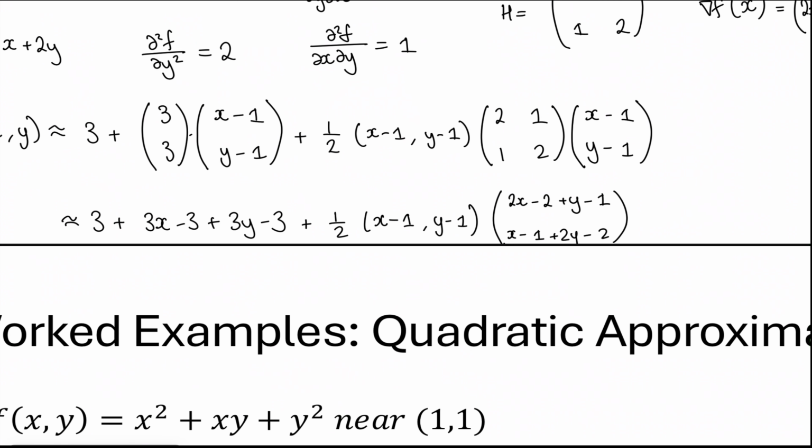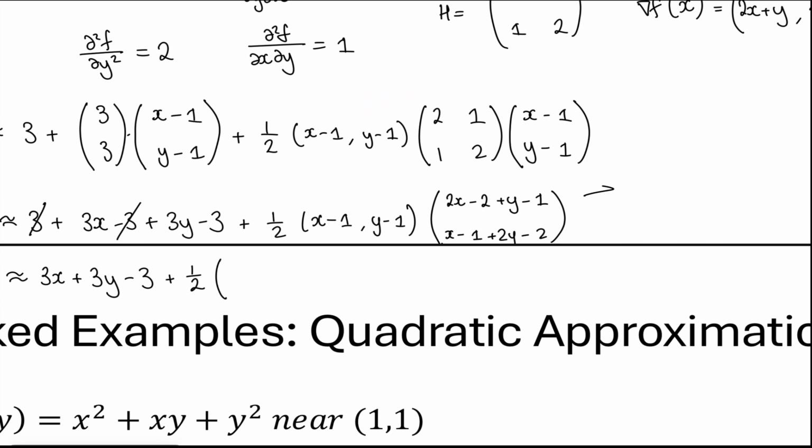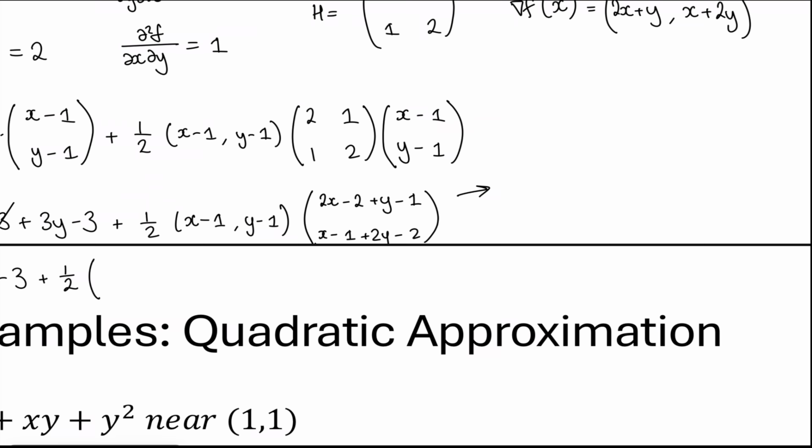If we just continue on with this, we can see that these are going to cancel, and we get 3x plus 3y minus 3 plus a half, brackets. If we just simplify this, we get (x minus 1, y minus 1). So that's just me rewriting this.